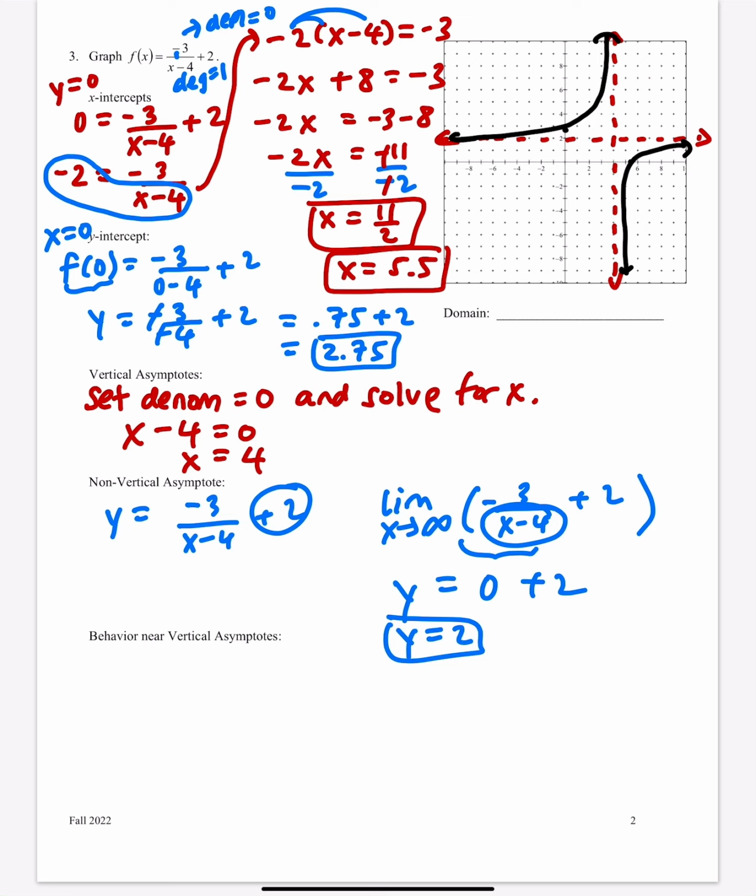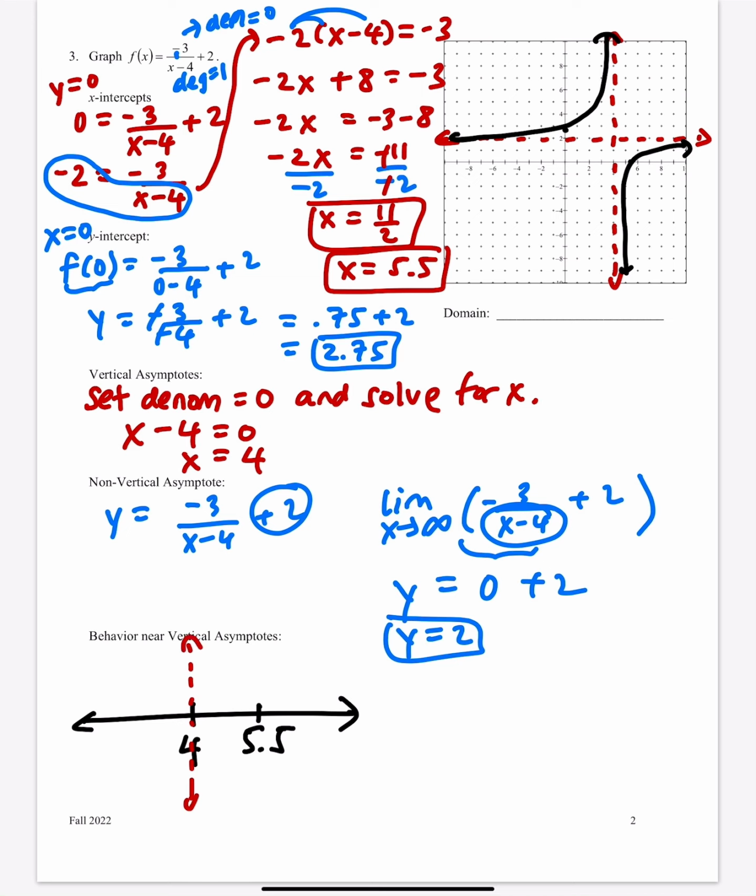And we can complete this by making a sign chart, right? You can make a little number line. And we have one single vertical asymptote at, what was it? It was at 4. And we have an x-intercept at 5.5. So we know that 4 is a vertical asymptote.